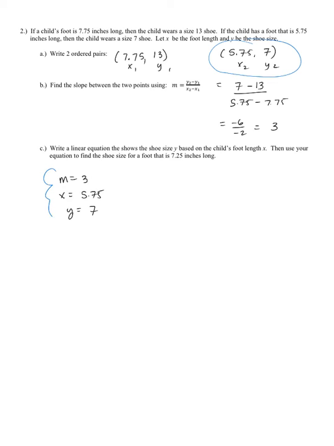I'm going to plug those numbers into y equals mx plus b, and then solve for b. So 7 equals 5.75 times 3, plus b. Multiplying 3 times 5.75, we get 17.25, and then we can subtract that from both sides.